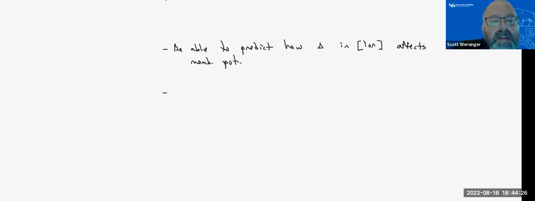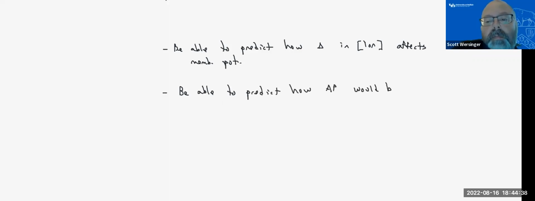Be able to predict how the action potential would be affected by various perturbations.